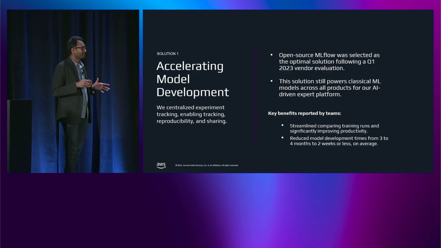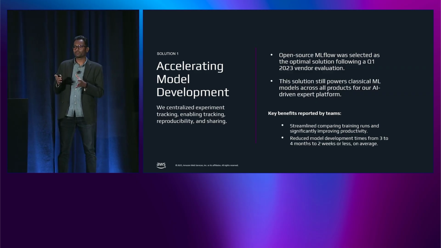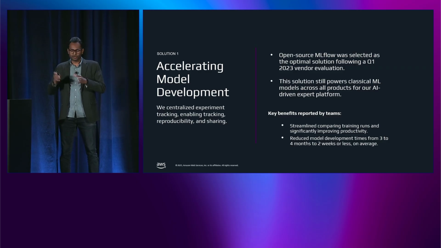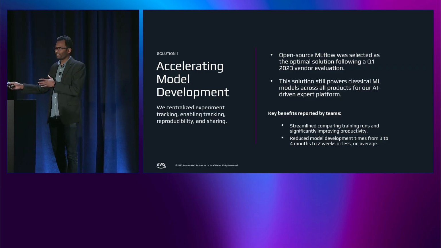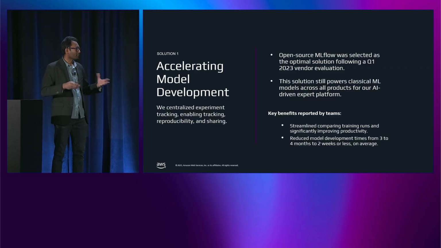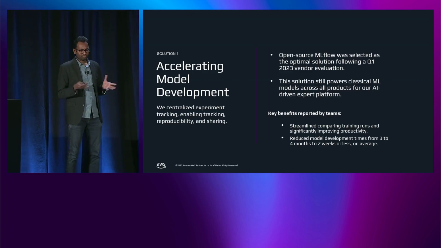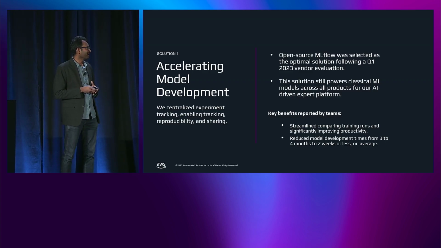So basically, we were democratizing AI, not just for data scientists, but also for developers. So here we had solved for velocity, and we were basically done back then, right?